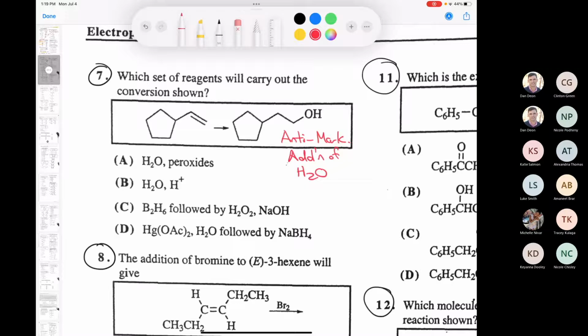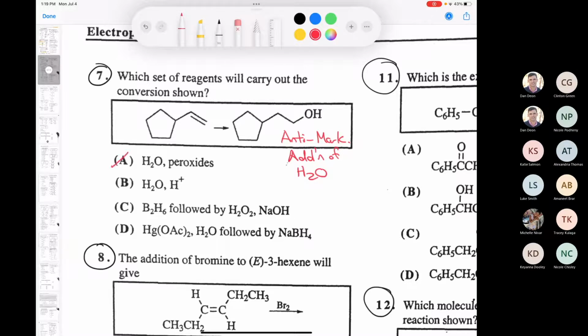Anti-Markovnikov addition of water across a double bond. So I want to do the anti-Markovnikov addition of water across a double bond. How do we do that?